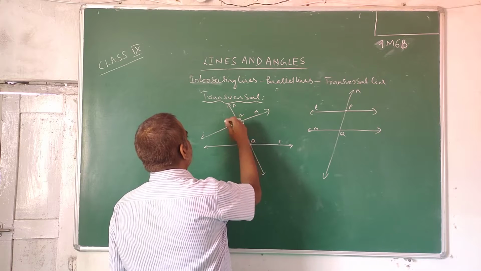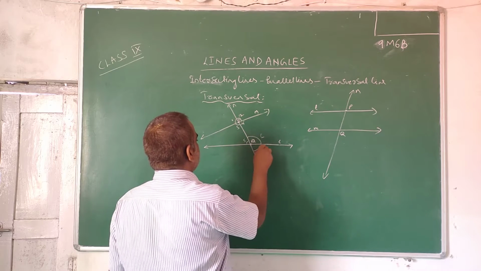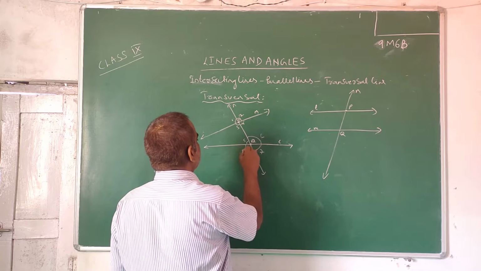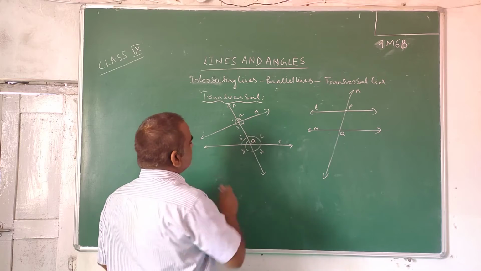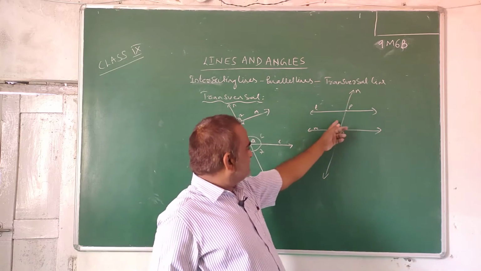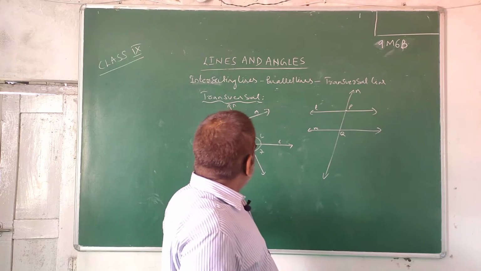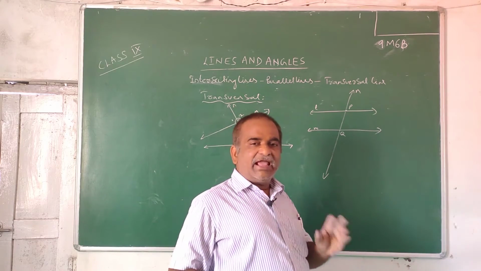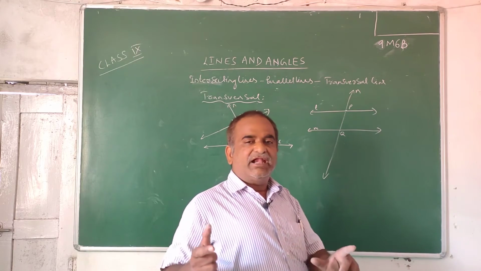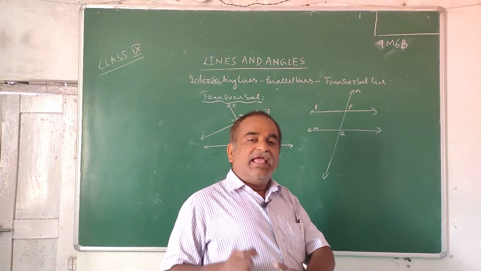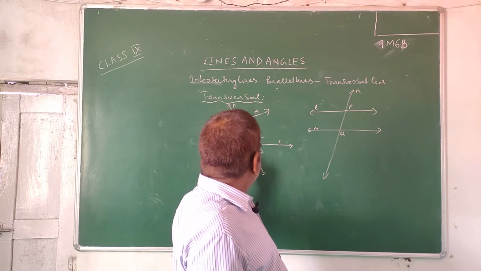This is a point P. This is angle 5, angle 6, angle 7, this is angle 8. So totally we get 8 angles when a transversal intersects two straight lines. 1, 2, 3, 4, 5, 6, 7, 8.